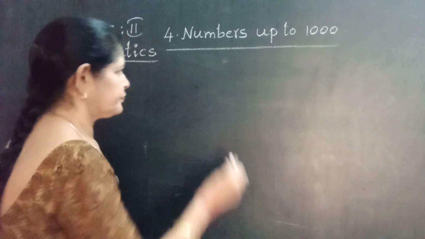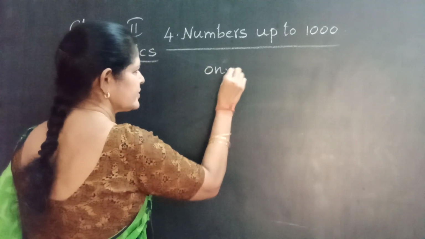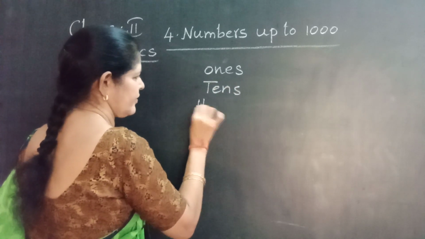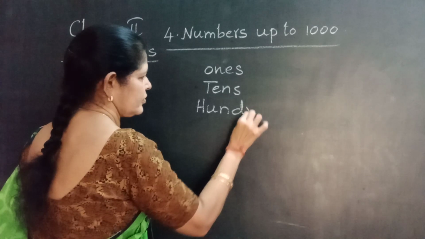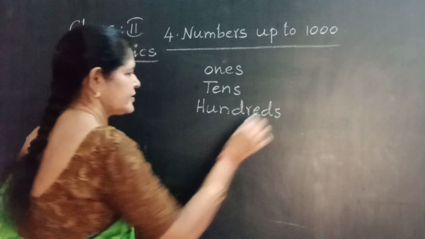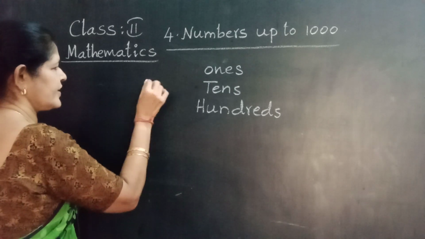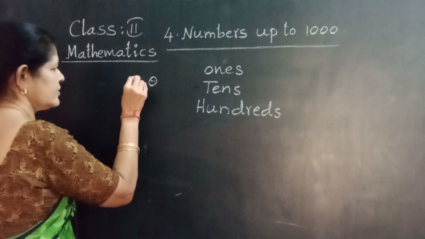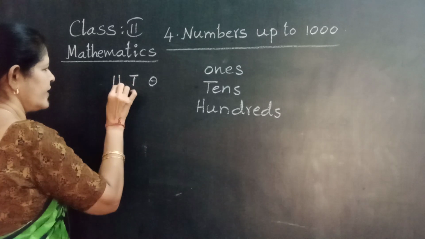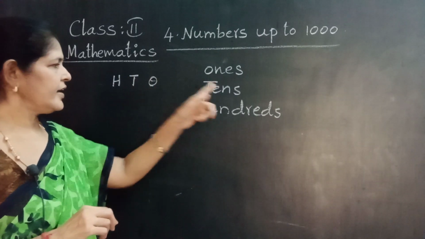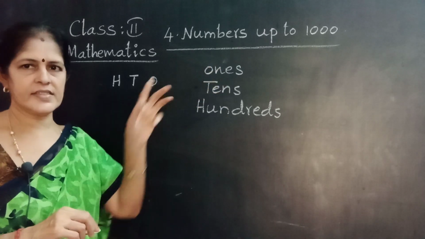Those are ones, tens, hundreds. We are going to keep in places like this: O for ones, T for tens, H for hundreds. Okay? H hundreds, T tens, O for ones.